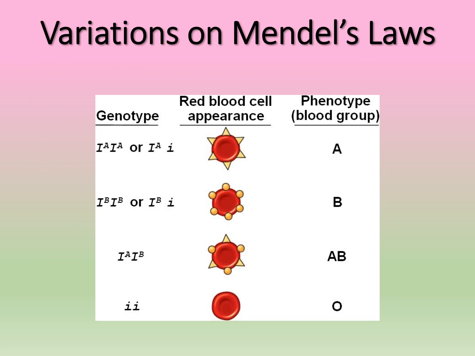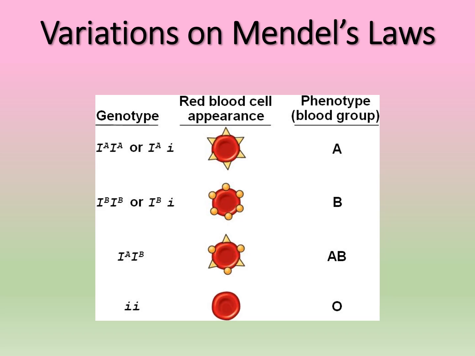So I love this image because it shows you the genotype on the left of the blood type, your actual blood cell appearance, because remember, those A or B alleles actually represent molecules on your cell. So you either have A type molecules or B type molecules.